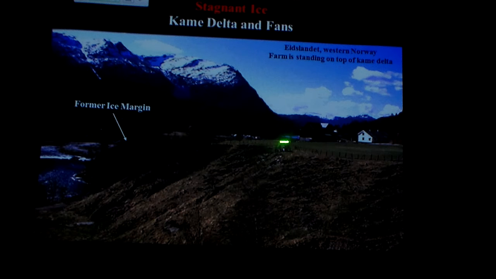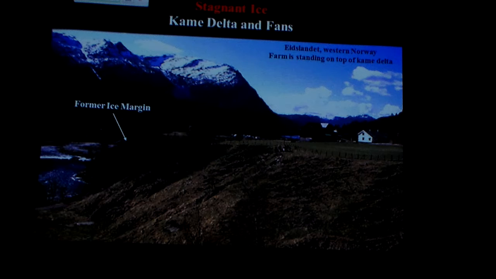This is all a delta system that grew off of the glacial ice, and that glacial ice was sitting back over here. And this sediment was being carried off the ice and deposited out there as a big, huge outwash delta. Now, once the ice finally retreated as it melted, this cliff was unsupported, so it's collapsed a little bit.